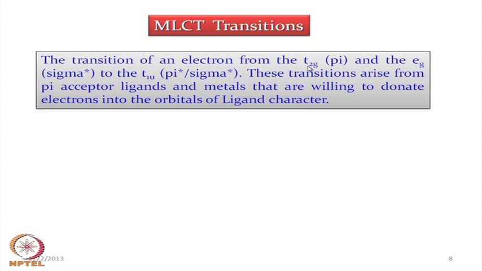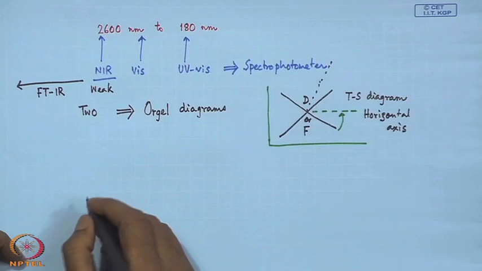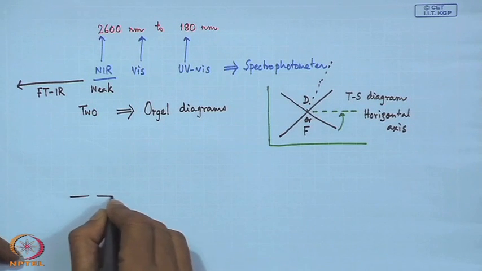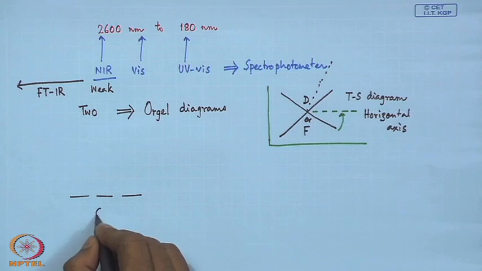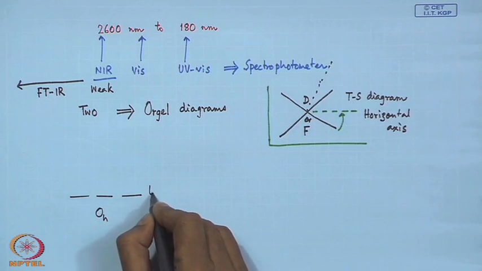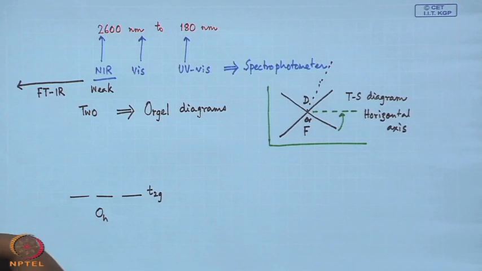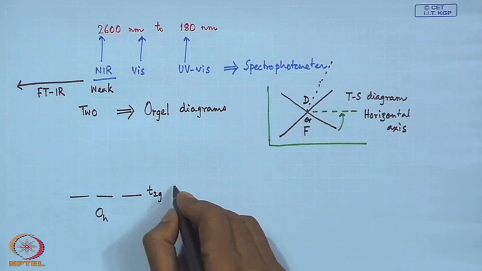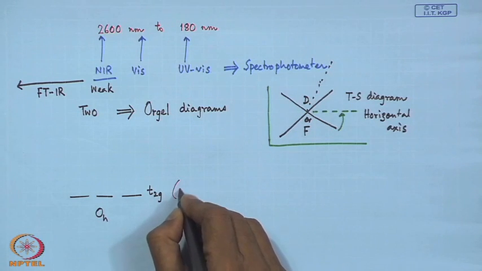So we have the T2g level, which is of pi character, and the Eg level, which is of sigma star character. The electron can go from the T2g and also from the Eg, that means the sigma star level, is possible. In octahedral symmetry we have the three T2g levels, which lie in between the Cartesian axes facing the ligands, so they are of pi type.